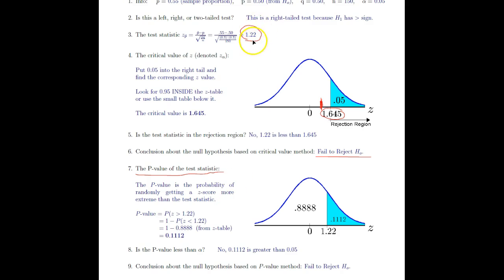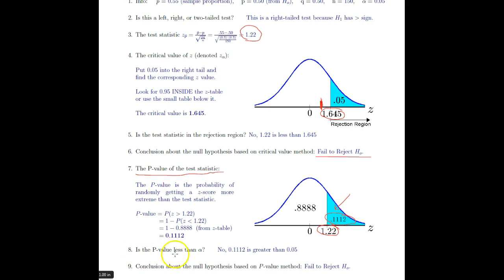Instead, I get my test statistic, 1.22, like we did up here, and then you find the probability of getting something greater than 1.22. You look that up in the table, and the probability is 0.1112. And the way you make your conclusion is you ask yourself if that is bigger than alpha or less than alpha.